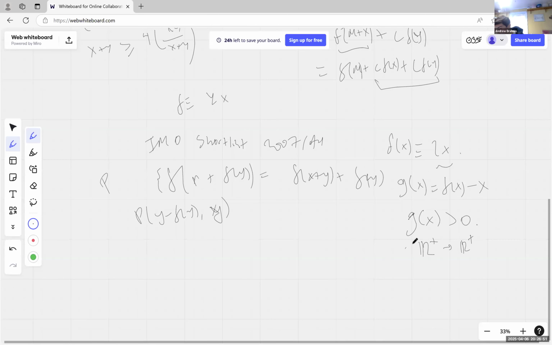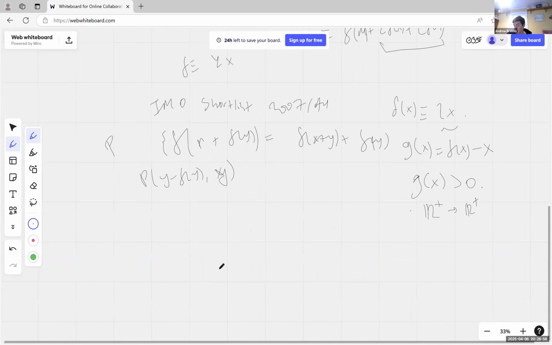So basically, what this means is g of x is also defined on the region R plus to R plus. Yeah. So if we plug in p of x minus y comma y, what this gives us is f of x minus y plus f of y is equal to f of x plus f of y, right?